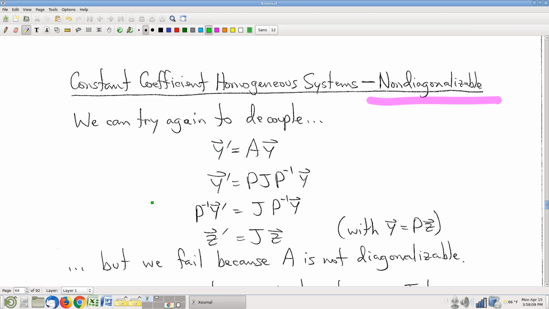Let's recognize that this P inverse Y would be natural to rename as Z. But of course, Z is P inverse Y, means Y is PZ. Do that substitution, in other words. And that does get us down to this new system, but this new system, it's not diagonal. Of course, right? So this matrix is just not as nice. And let me show you what happens. I mean, explicitly, here's a numerical example.